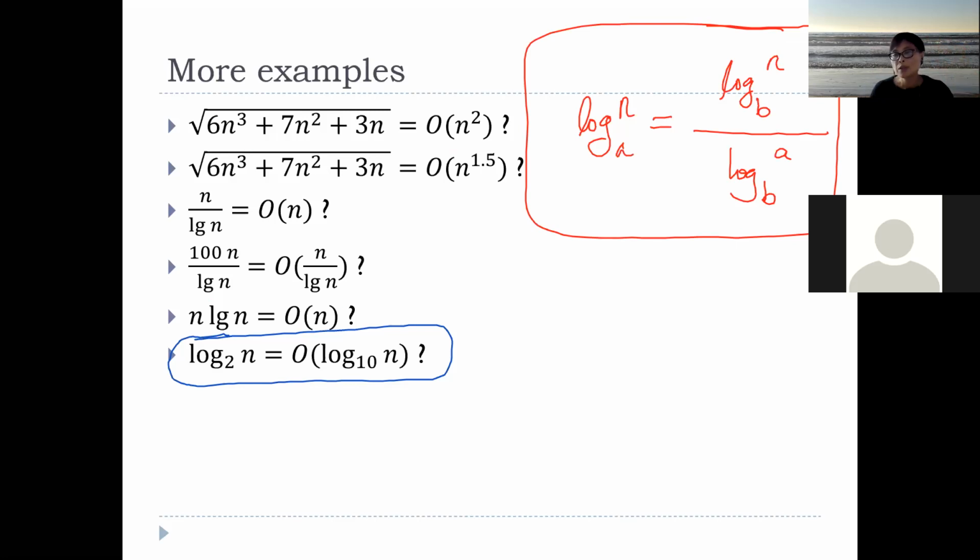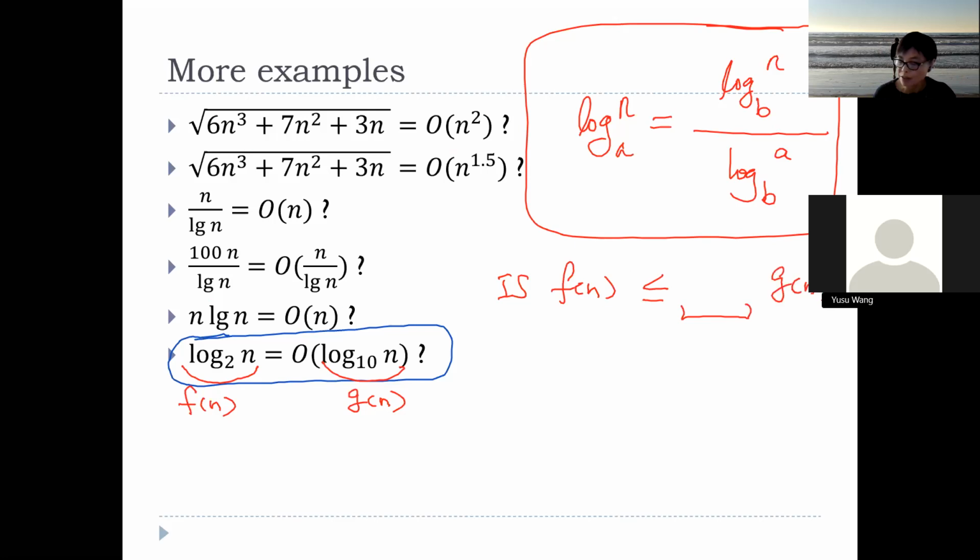Okay, so now apply this. What do we have? Right now I don't immediately see the relation between f of n and g of n because they are of different bases. Our question is whether f of n is smaller than some constant times g of n.